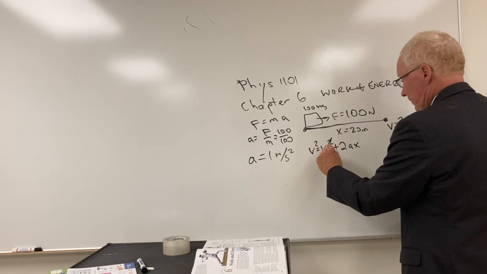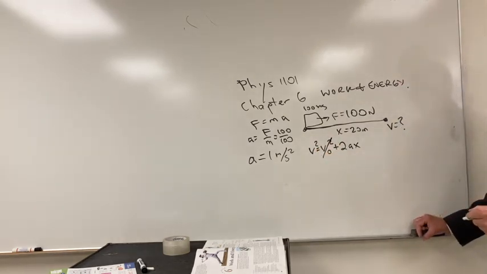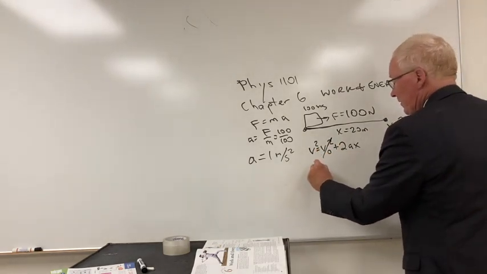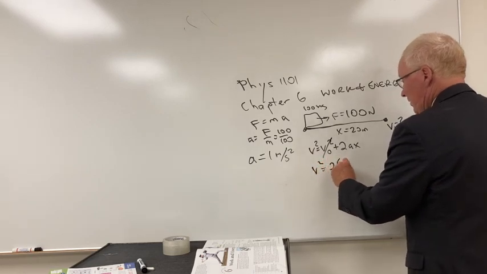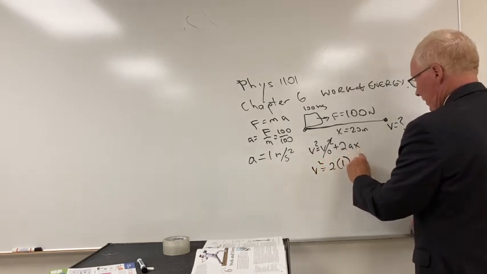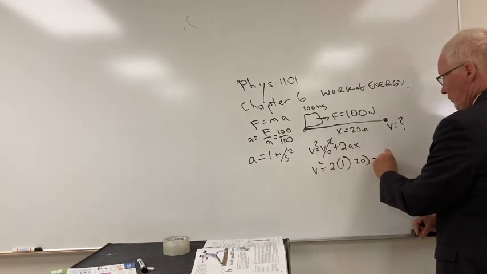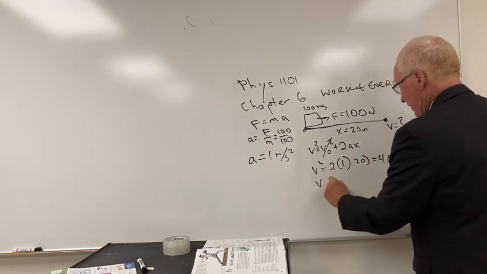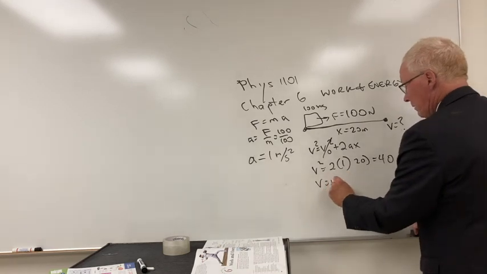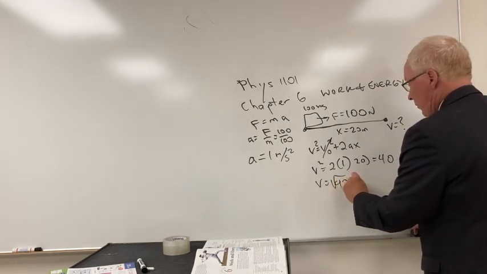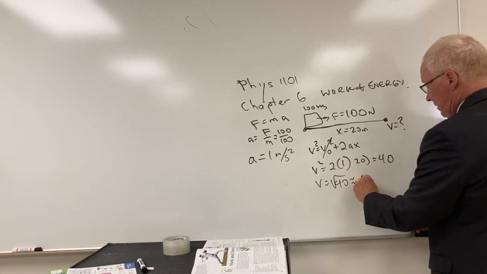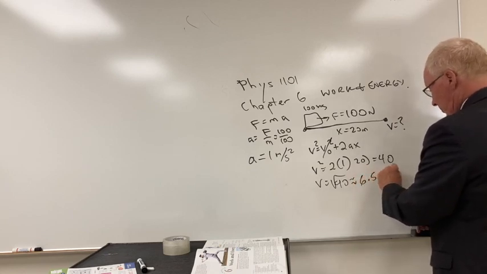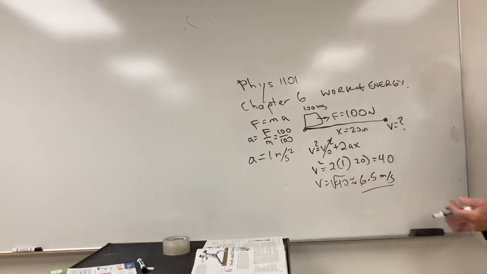Now in this case we start from 0. So v squared is 2 times 1 times 20, which is 40. And then v is the square root of 40, or approximately 6.5 meters per second. So that's how fast it's going at the end. So this is back from the earlier chapters.